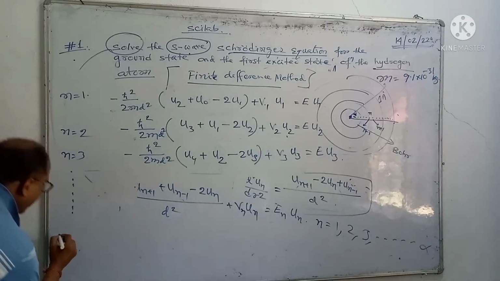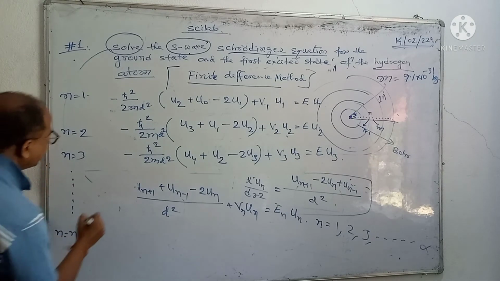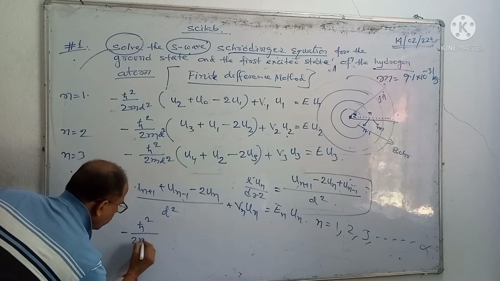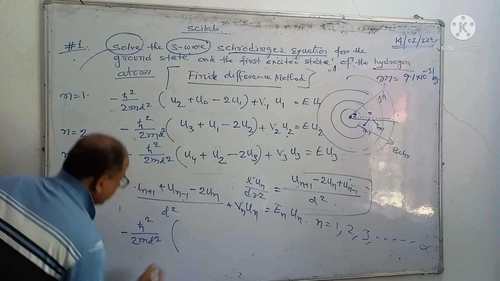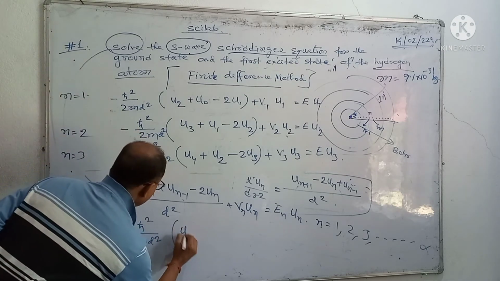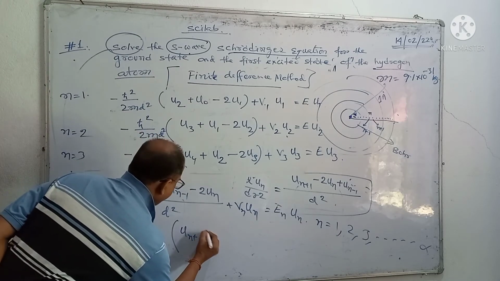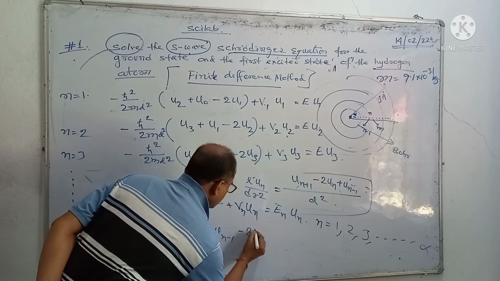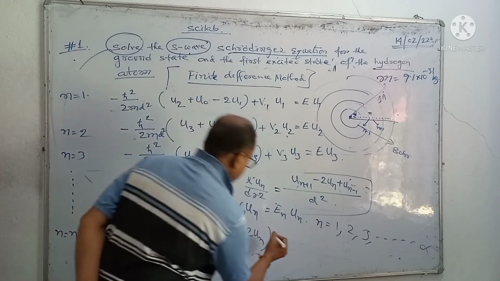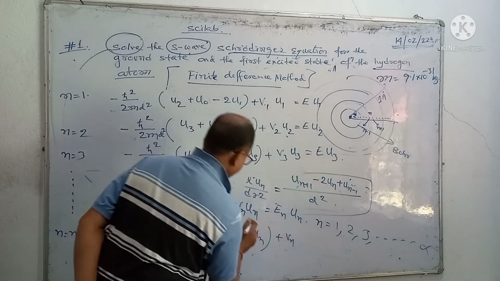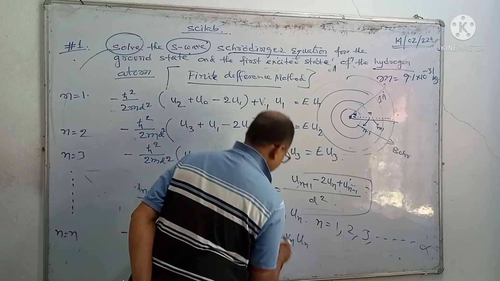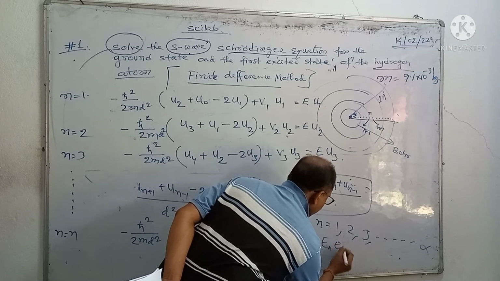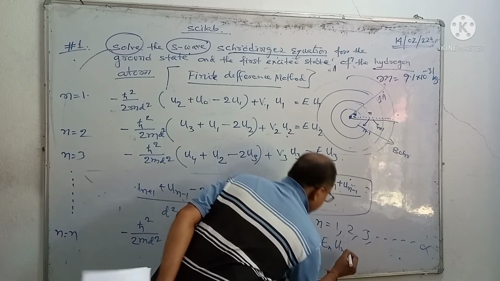For general n: minus h cut square by 2m d square into un plus 1 plus un minus 1 minus 2un, plus Vn into un equal to En into un. Fine.